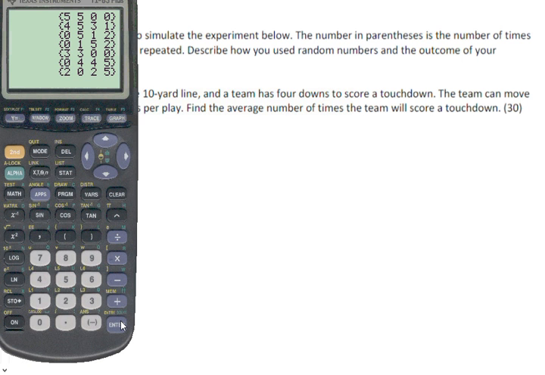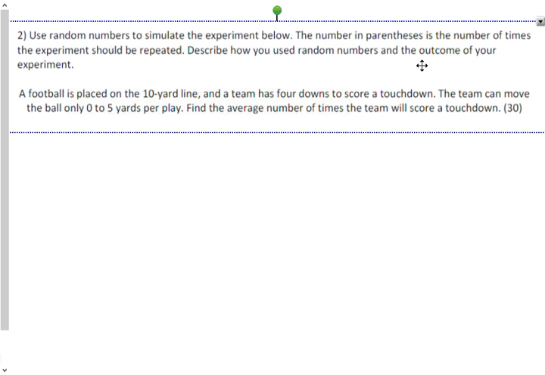A no, a yes, a yes, a no, a no. There's a yes, that's 10 on the dot. And now I've run it 15 times. I'd have to go 15 more, but I'm not going to put that in a video.